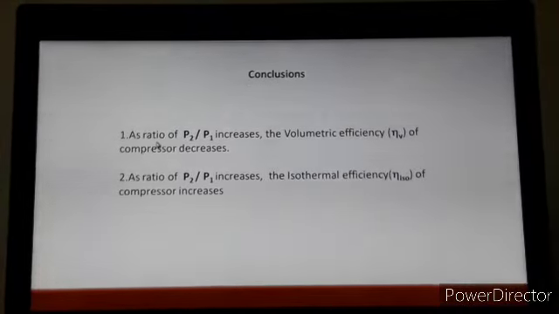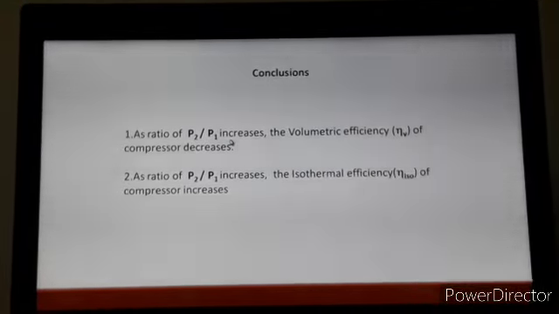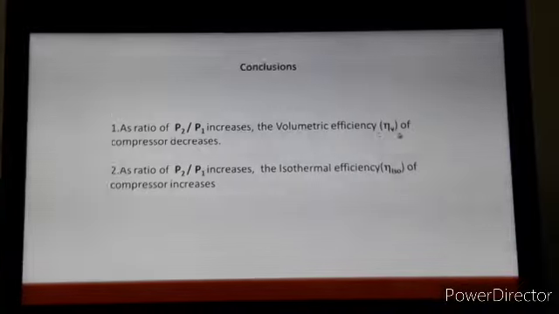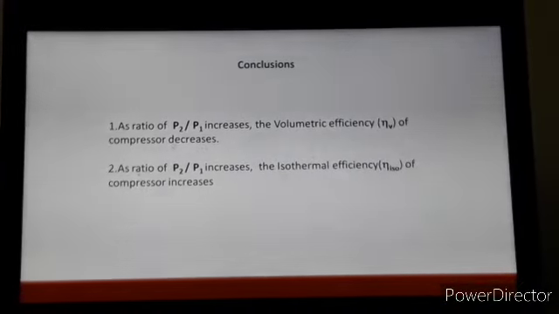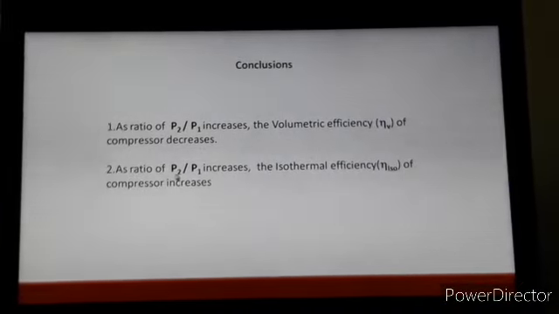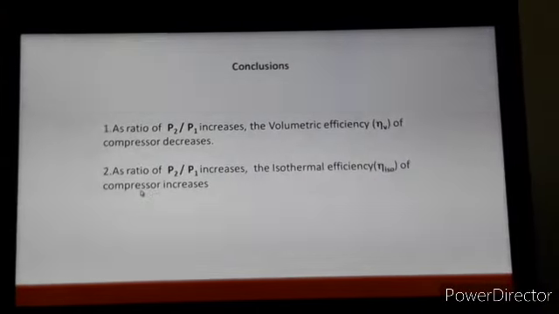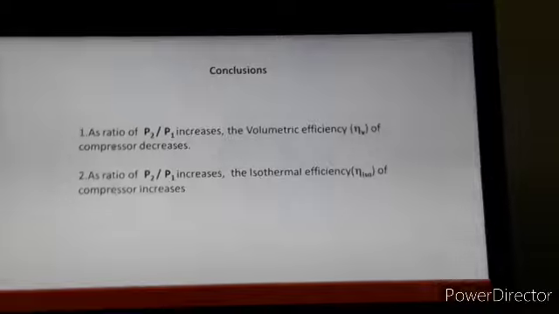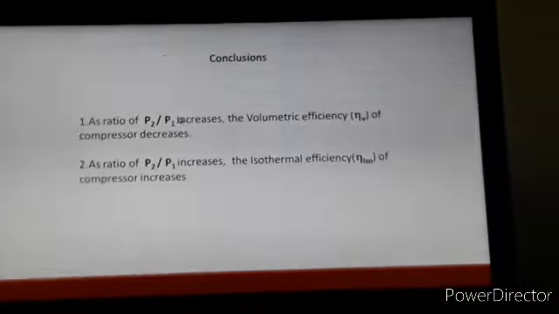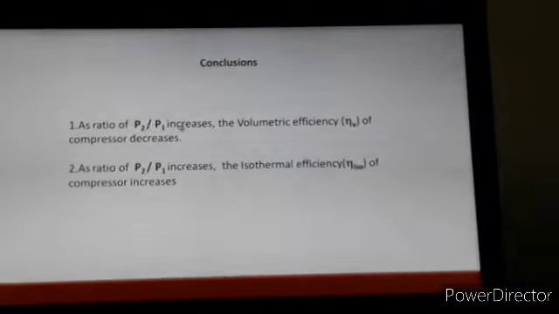As the ratio of P2 by P1 increases, the volumetric efficiency of the compressor decreases, and as the ratio of P2 by P1 increases, the isothermal efficiency of the compressor increases. So these are the 2 important conclusions from our today's experiment.